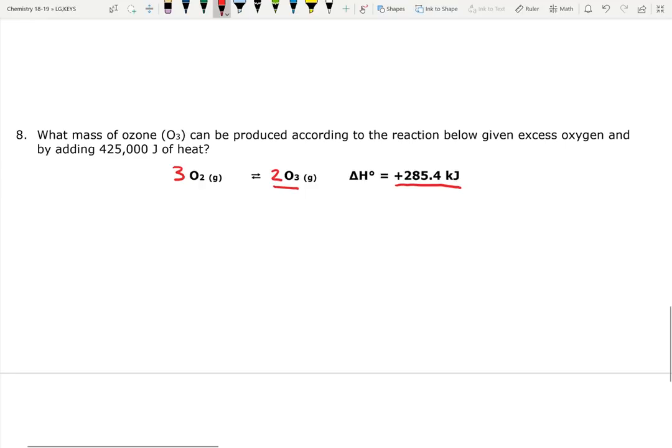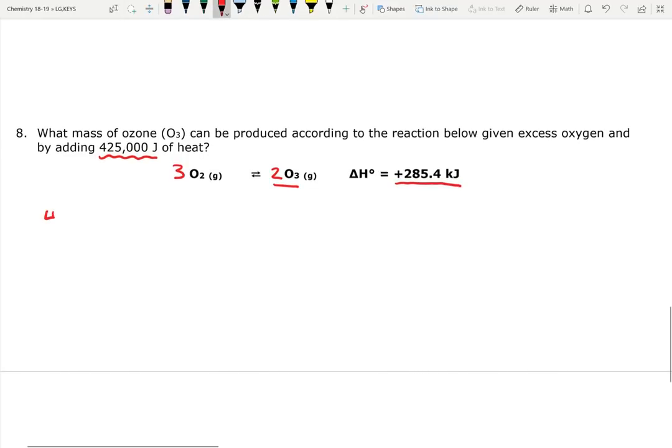It's asking what mass of ozone can be produced according to the reaction by adding 425,000 joules of heat. Now, a joule is not a kilojoule. So one thing we should do right away here is get those units to match up. 425,000 joules is kind of like a conversion from grams to kilograms.